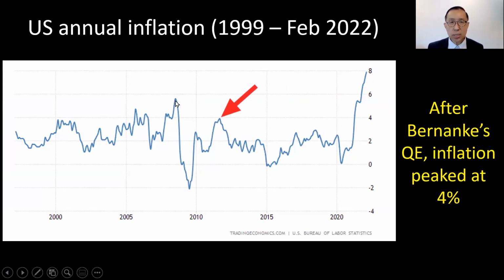This chart shows US inflation plunging because of the crisis from the Lehman Brothers, and then it started to go up because people felt that the QE created by Ben Bernanke added to the money supply and would lead to inflation. Well, for a while, inflation rose, but it peaked around at 4% in 2012. So up to December last year, many people believe that current inflation will be controlled too.